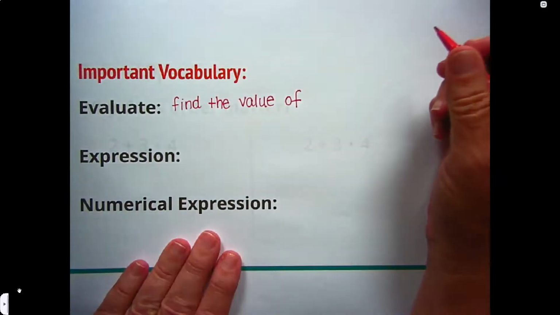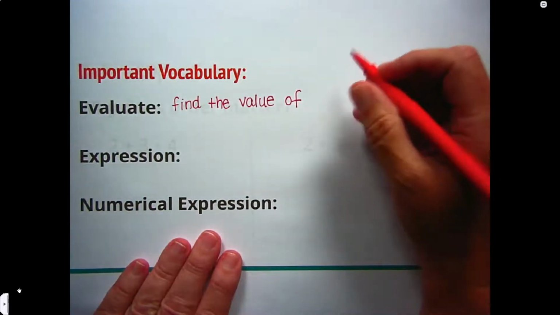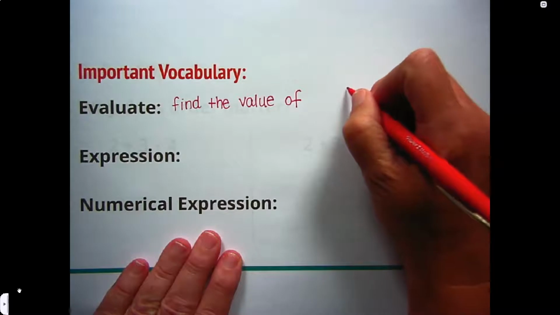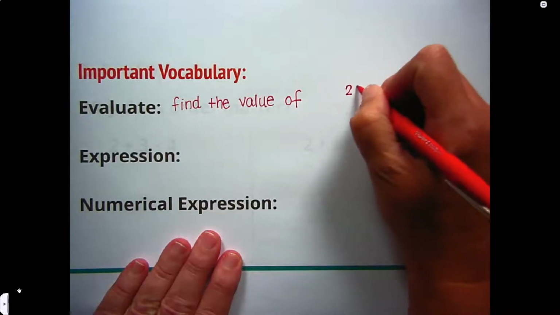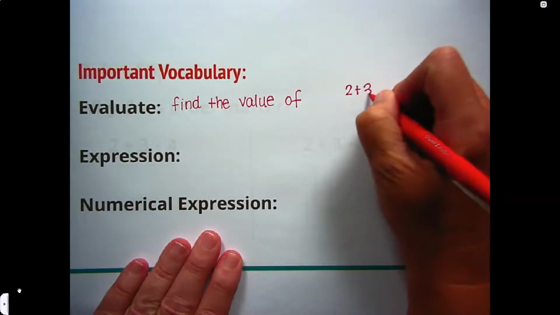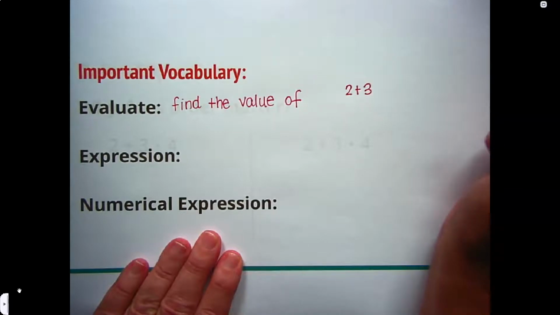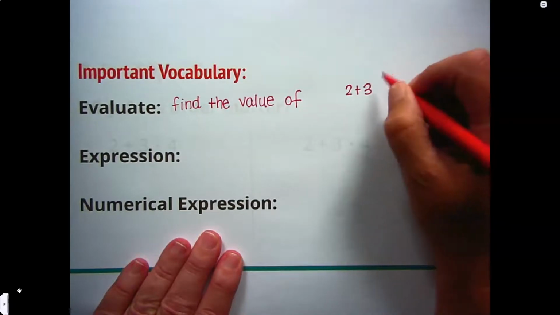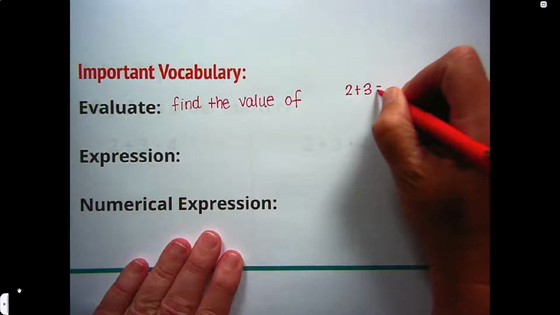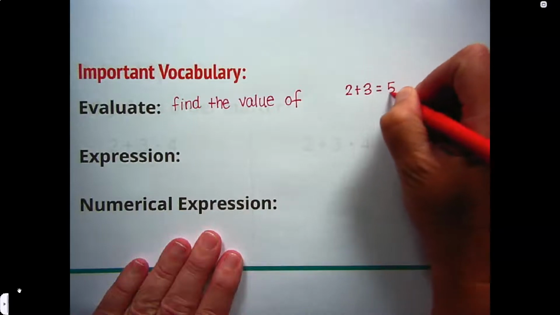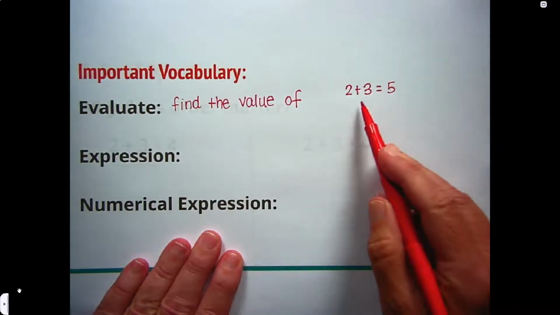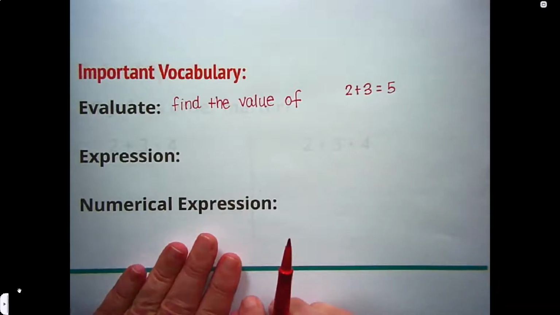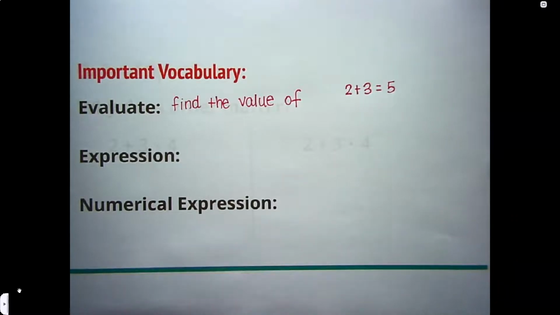Find the value of is what evaluate means. So just to give you a simple example here, if I gave you this problem, 2 plus 3, and I said to evaluate that, I want you to find the value of it. Well, you know that 2 plus 3 is 5. So the value of 2 plus 3 is 5. Evaluate just means to work it out and get the answer.